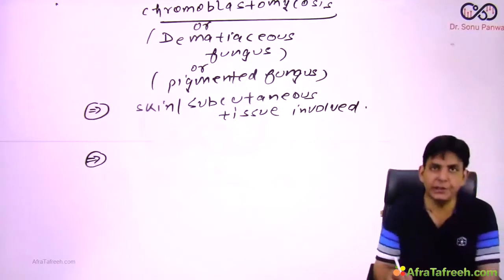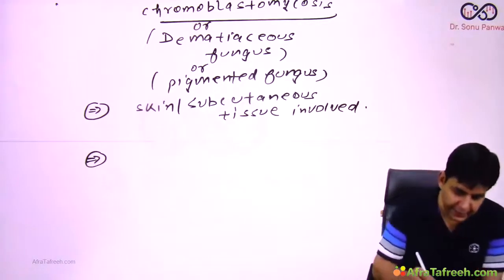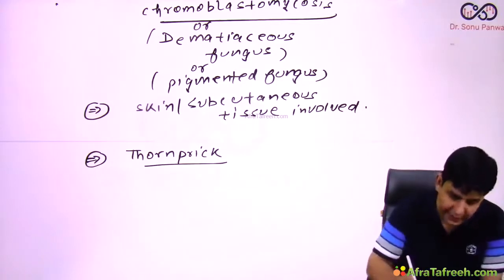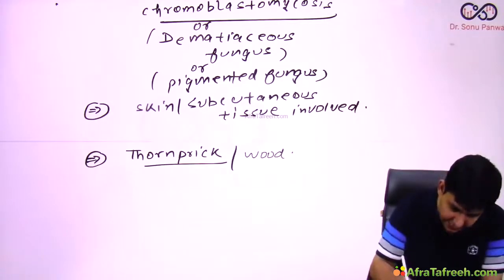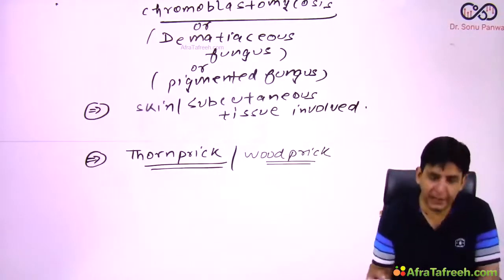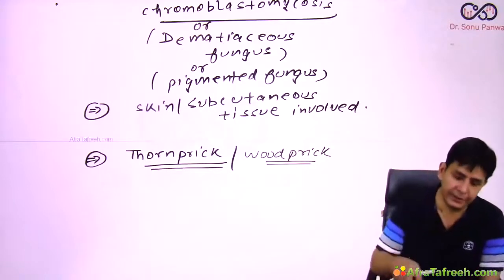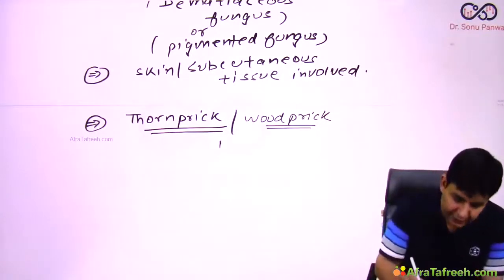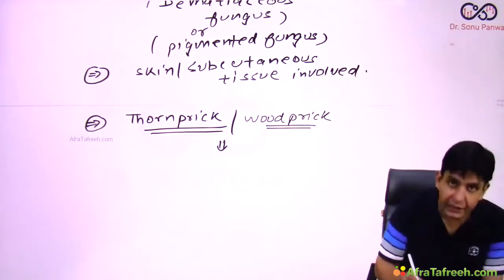I've seen a question in the All India exam in which the history is of thorn prick. Remember, it associates with thorn prick as well as wood prick, and obviously it will happen to those who work with them, like thorn prick to the gardener, or wood prick to a woodworker.